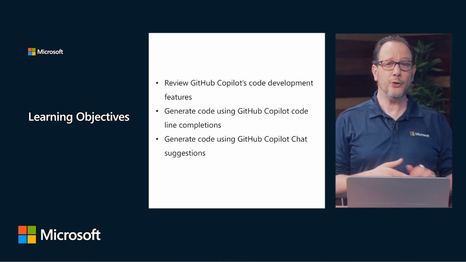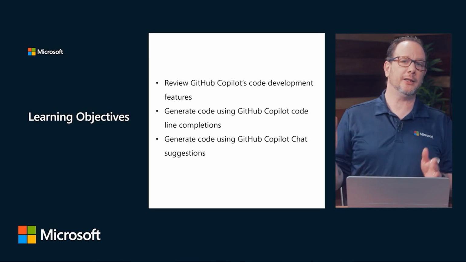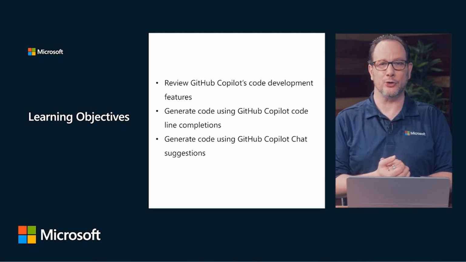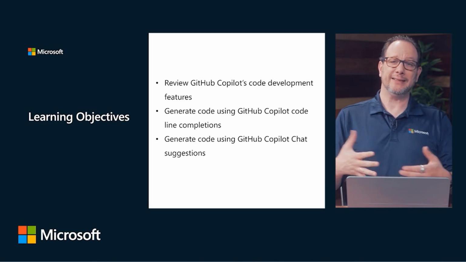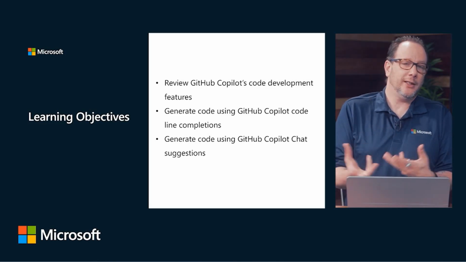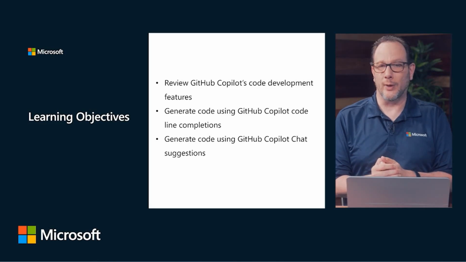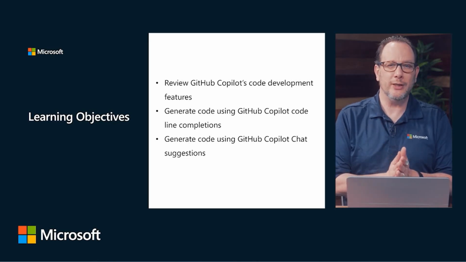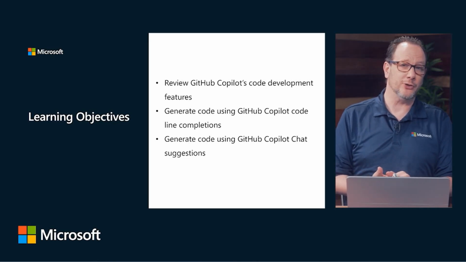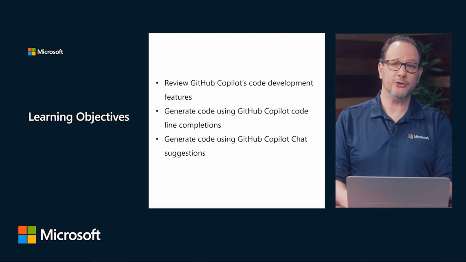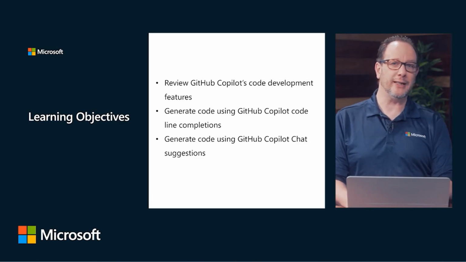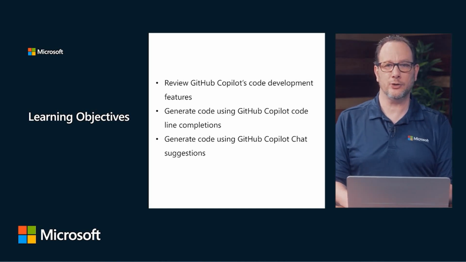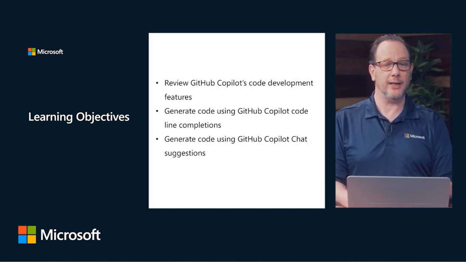What am I going to learn about in the next 45 minutes or so? We're going to start with GitHub Copilot setting the scene on what it can help me with in writing code. So I would describe it as reviewing some of the code development features. From there, we're going to use it to actually generate code in a lot of different but also identical ways to what I already explained in the explanation and the documentation features before.